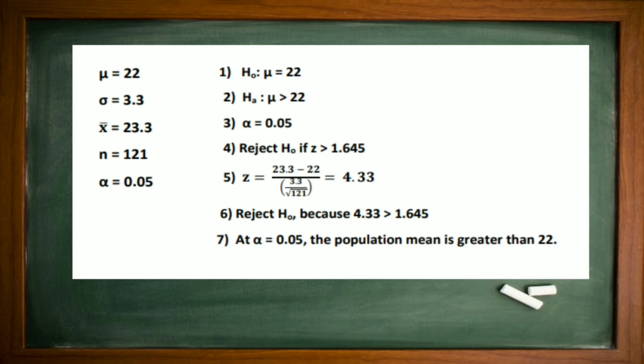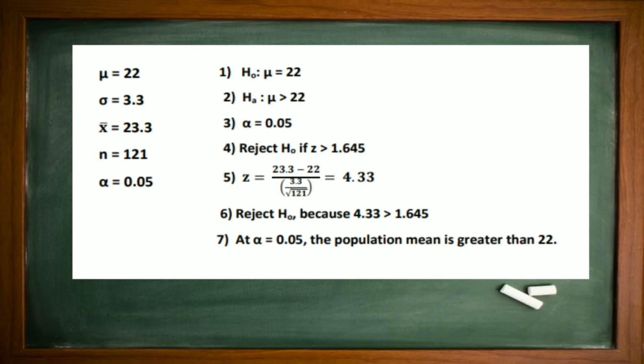Okay, next, step 6. Determine if the calculated test statistic is in the critical region or not. Reject or accept. So yan po pala yung ating calculated test statistic, 4.33.